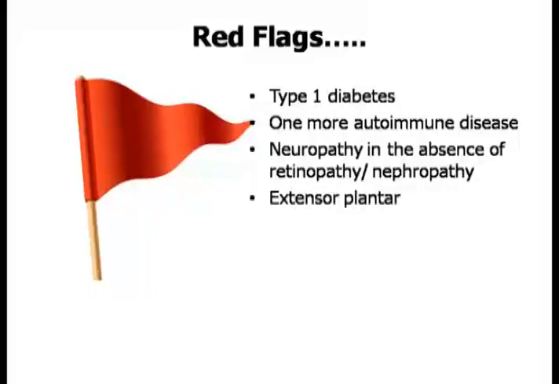She has autoimmune hypothyroidism, which will make you think whether she has another autoimmune disorder. She does not have retinopathy or nephropathy. It's quite unusual for patients with type 1 diabetes to have significant neuropathy in the absence of other diabetic microvascular complications, unlike type 2 diabetes. So again, that makes you think whether you're dealing with another reason. And an extensor plantar is almost not seen in diabetic peripheral neuropathy routinely.